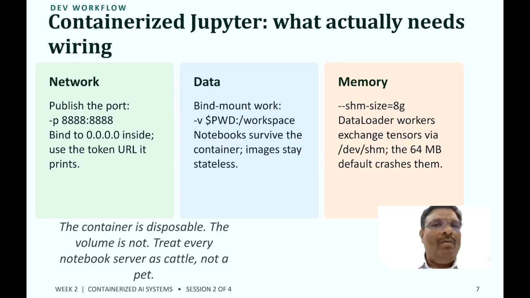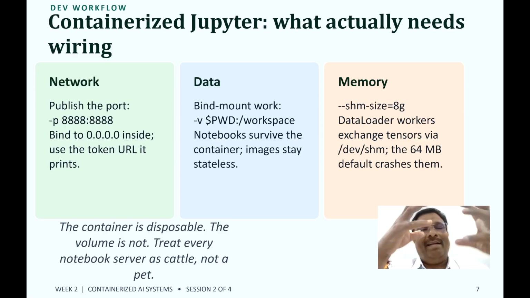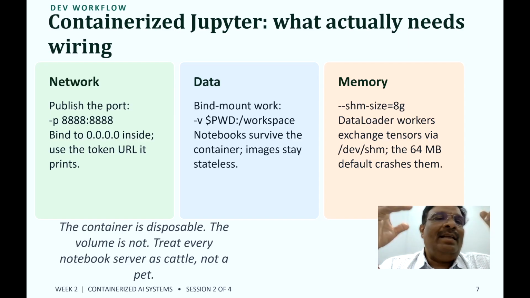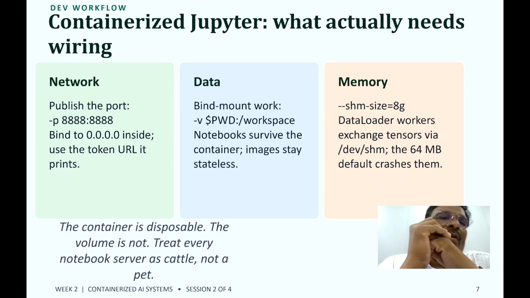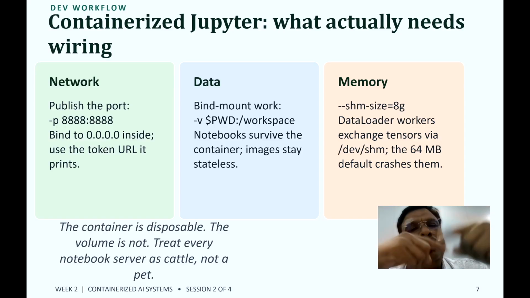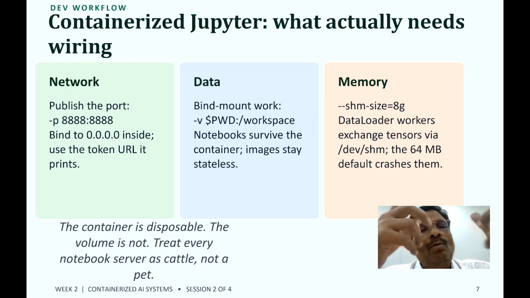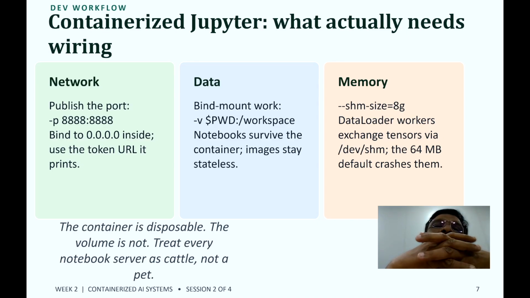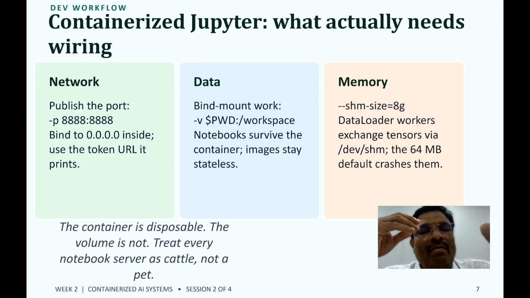So when I say we have to connect our container to a browser, I need certain binding to be done. Okay, and I need to publish the port, and I use the token URL to actually access that for the browser. So this is what we have done.